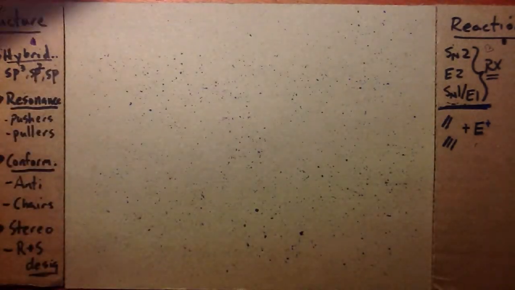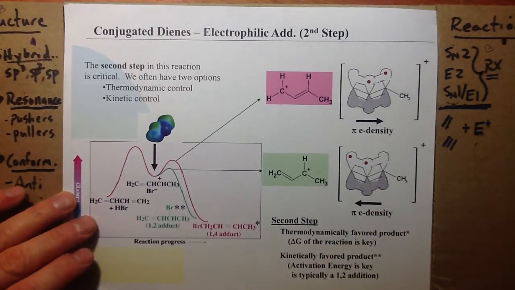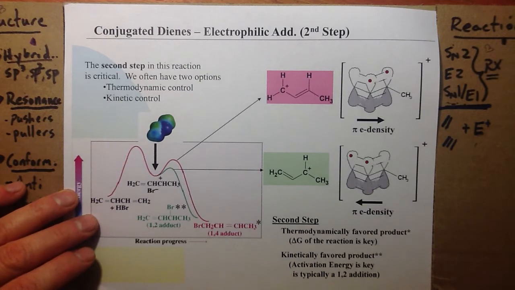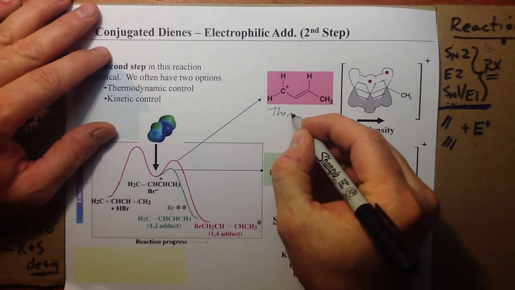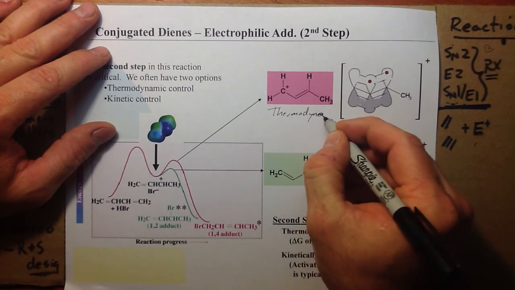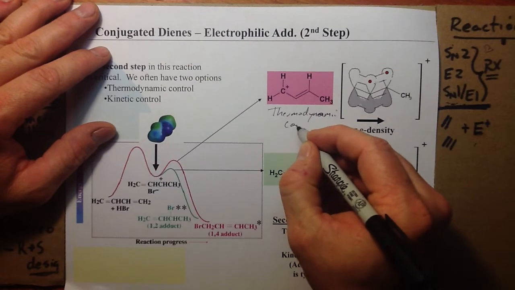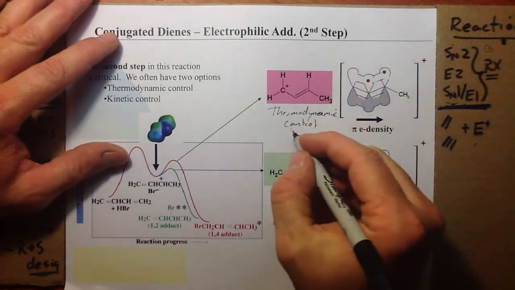Let's talk about those two products we can form. When do we go to the secondary carbon, and when do we go to that end primary carbon? We go to this end primary carbon when we have thermodynamic control. Meaning we're considering just the end.